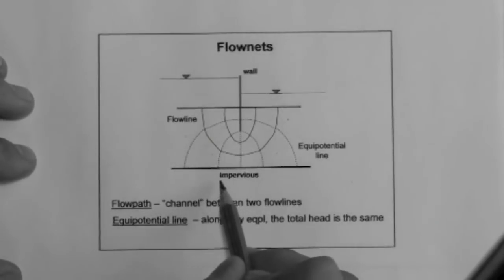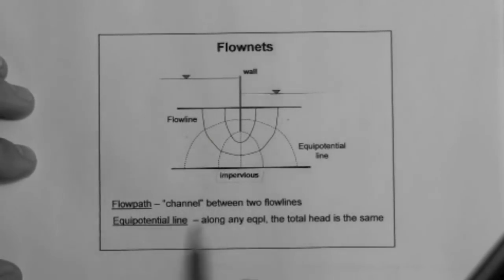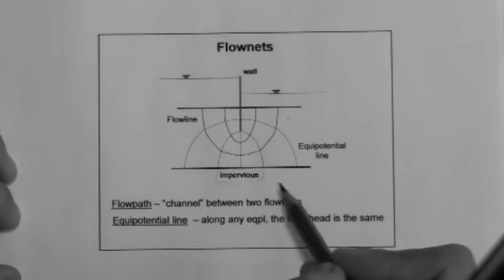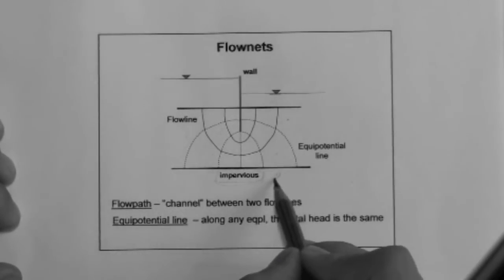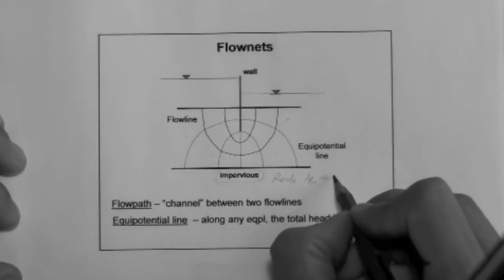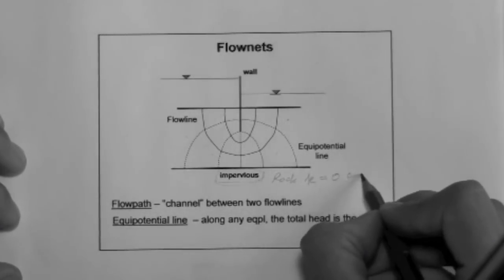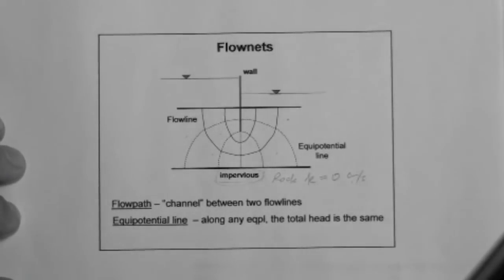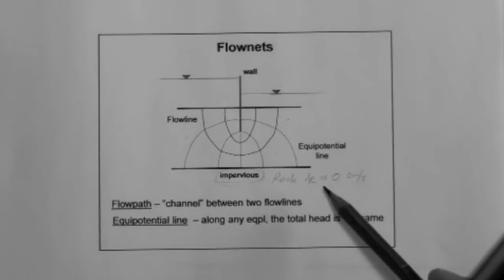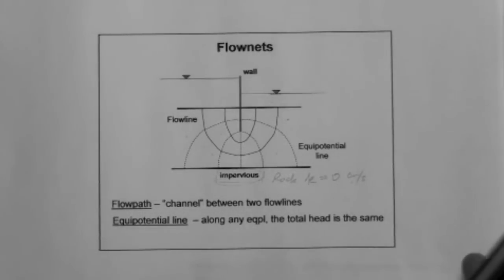Now, it's important to realize that it says impervious down here. What this means, and you will see it in many books and papers, is that the rock is assumed to have a hydraulic conductivity of 0. Now, we know that the rock doesn't have a hydraulic conductivity of 0. Typically, rock has a hydraulic conductivity that can be as low as 10 to the minus 15 centimeters per second, or even lower.